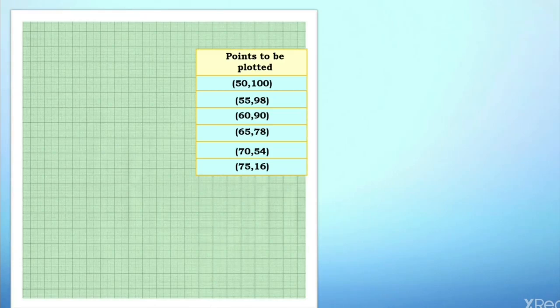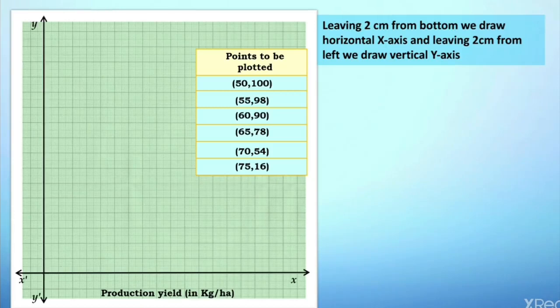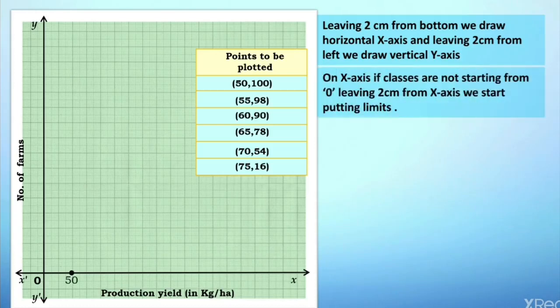For that, let's first draw x-axis 2 cm above the bottom and we name it as production yield. After that, let's draw a vertical line 2 cm from the left side and we name it as number of farms. Based on x-axis, we start plotting the points starting with 50, 55, 60, 65, 70, 75.